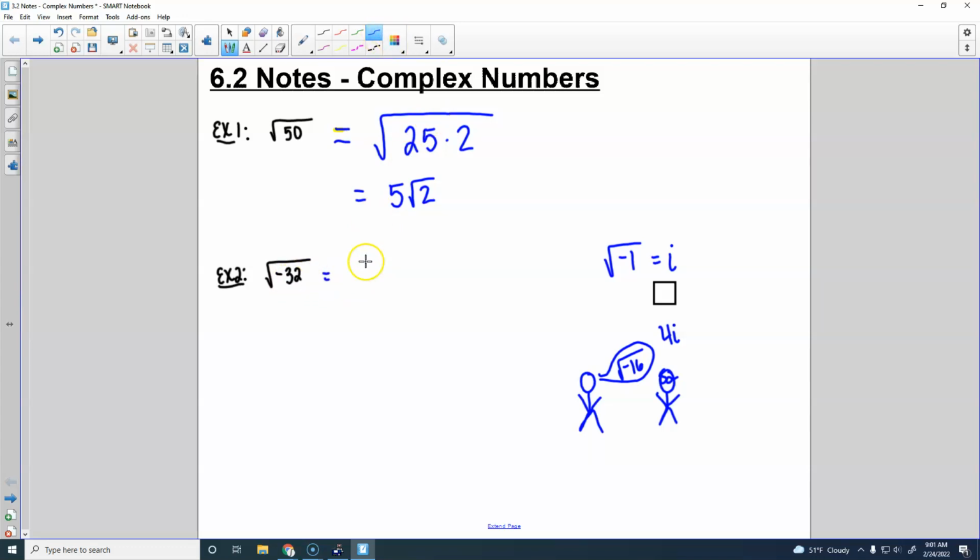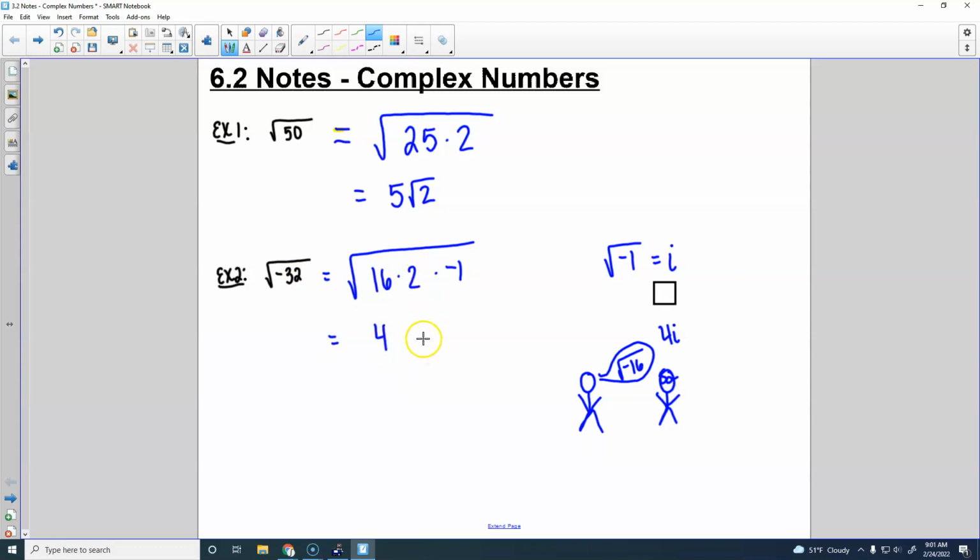So if we had square root of negative 32, we would just break 32 down like we always would. The best thing you can use is 16 and 2. And then to deal with that negative, we'll have that negative 1 right there. The square root of 16 would be 4.